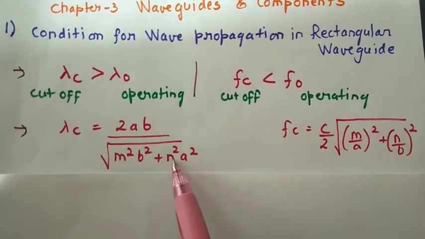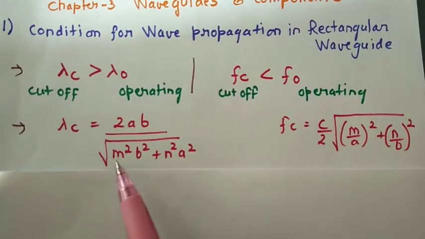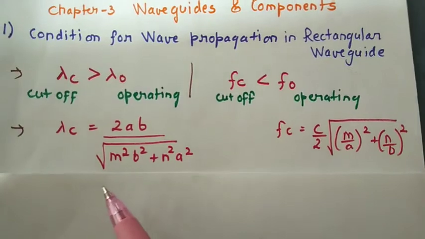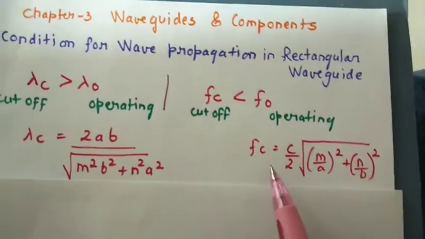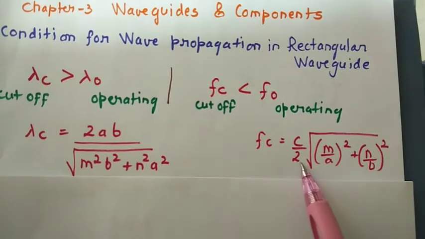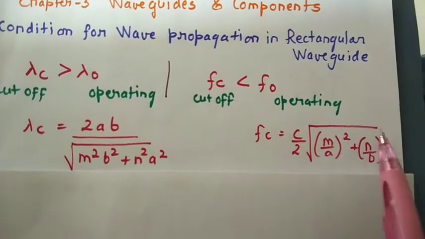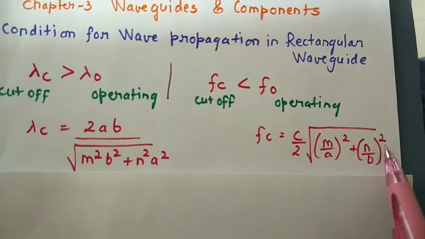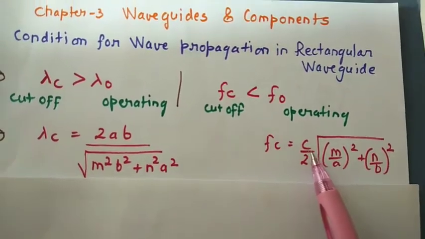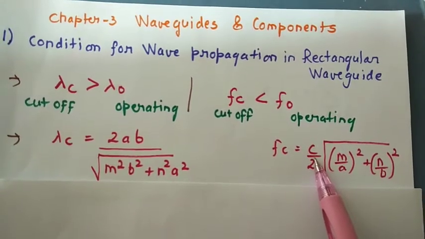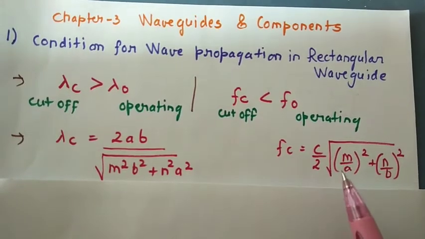M and n are the coefficients related with these dimensions of the waveguide. Similarly, the formula for cutoff frequency is c by 2 square root of (m by a) square plus (n by b) square, where c is the velocity of light, which is 3 into 10 raised to power 8 meter per second.